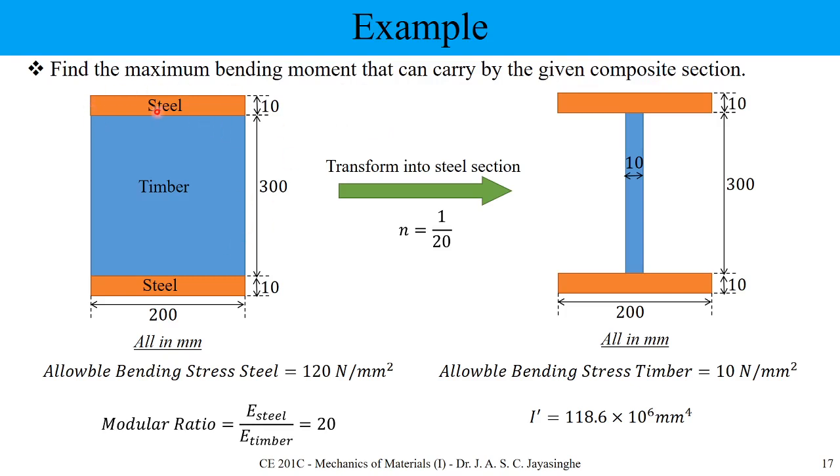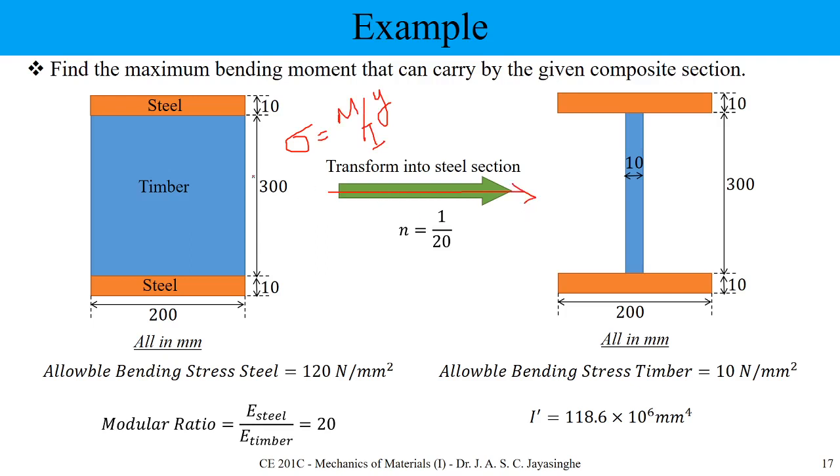What we can see here is steel, timber and steel connected, actually a sandwich panel case, and here all dimensions are in millimeters. Here again we are not able to use the simple bending formula, sigma over y equals M over I, directly. So what we need to do is first transform this.